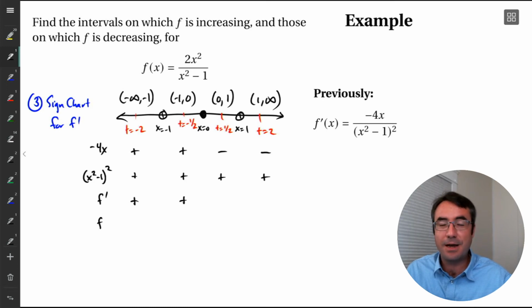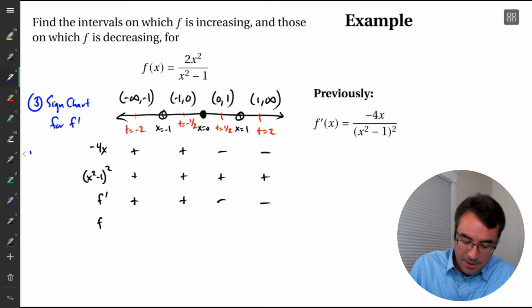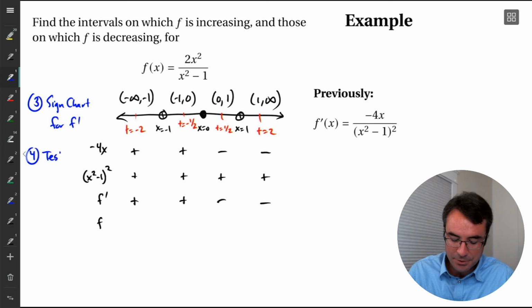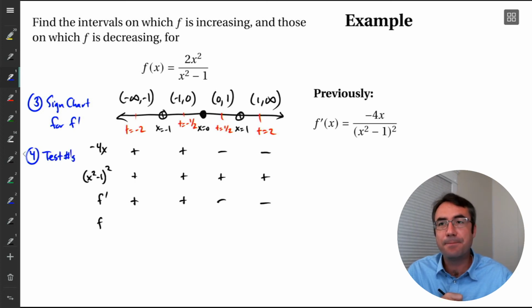The interval f prime is going to be positive. Then we have a negative divided by a positive, so the result is negative. And then a negative divided by a positive, so negative. So that's us filling in our sign chart using test numbers. All right, not too bad.